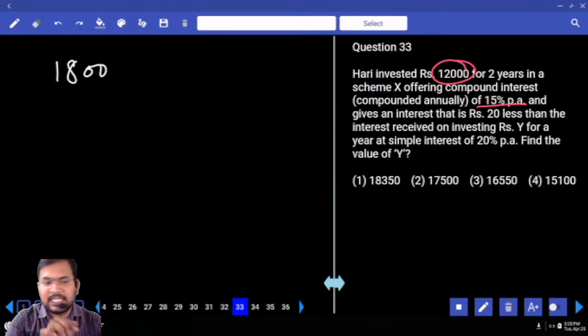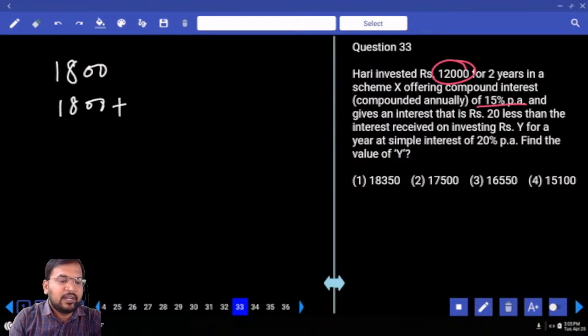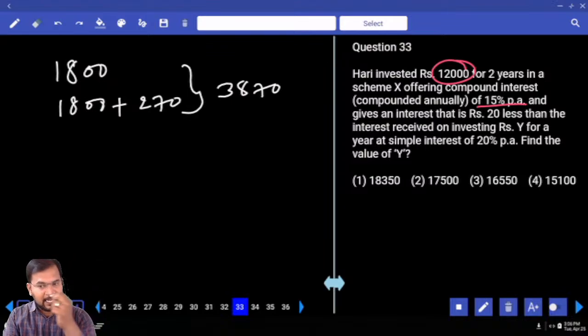10% of 12,000 is 1,200, 5% is 600, together it is 1,800. This is the first year interest. Are you clear? The second year interest is 1,800 plus 15% of 1,800. 10% is 180, 5% is 90, together it is 270. So the total is 3,600 plus 270, that is 3,870.